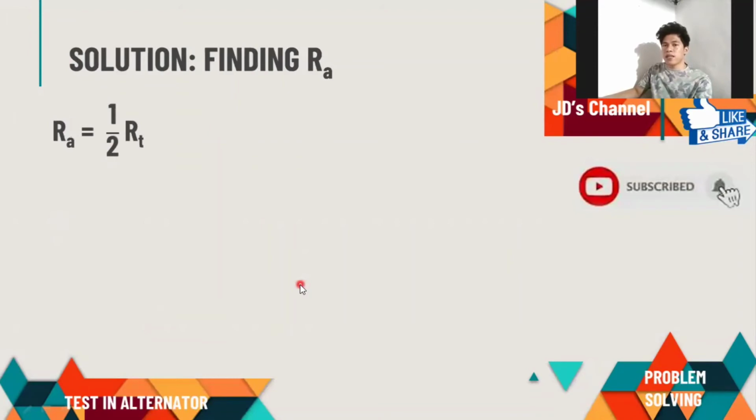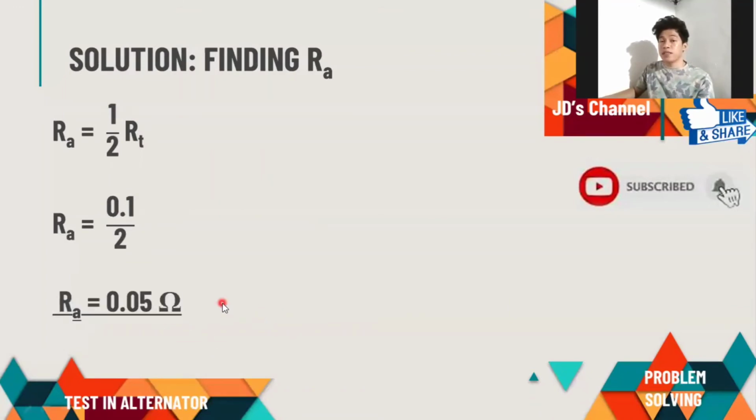The next one is finding the value of RA. Substitute our obtained value of RT: 0.1 divided by 2, and the answer, class, is 0.05 ohms. So now we have the RA.